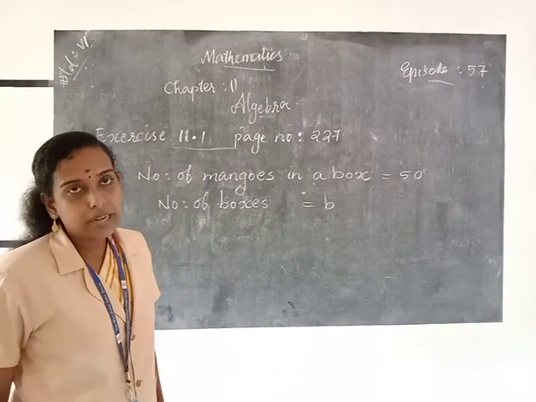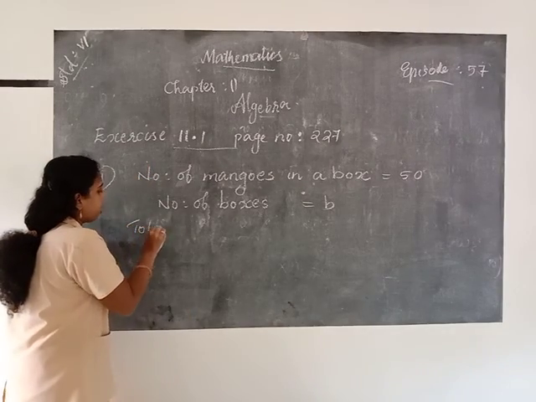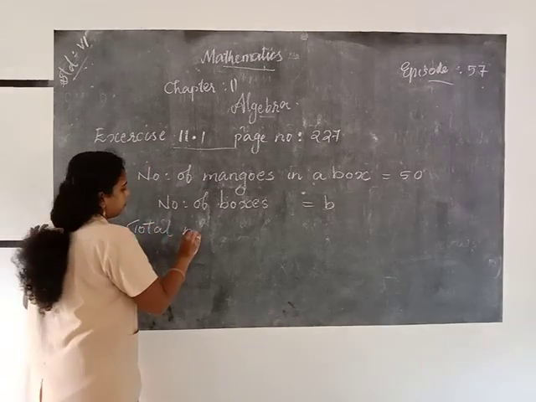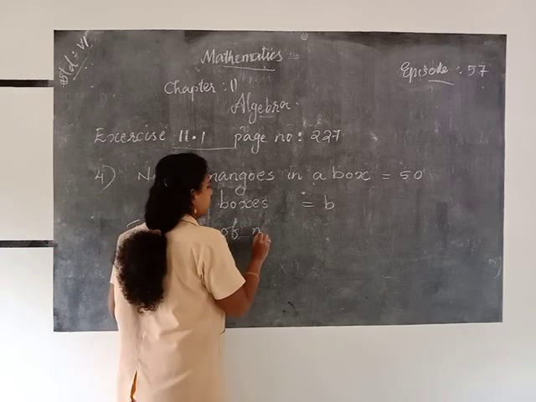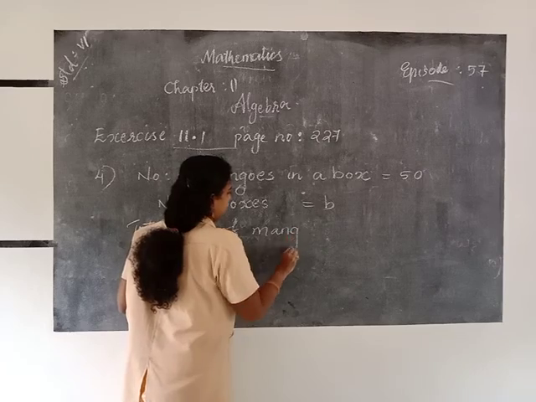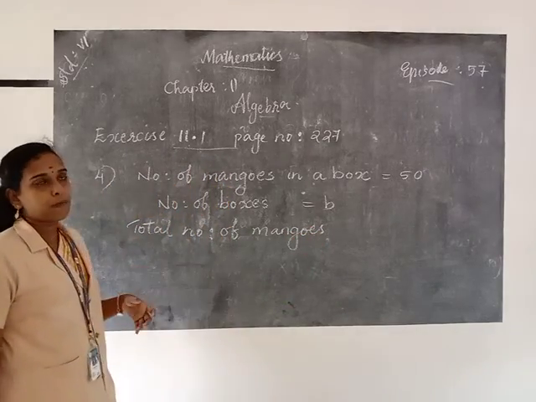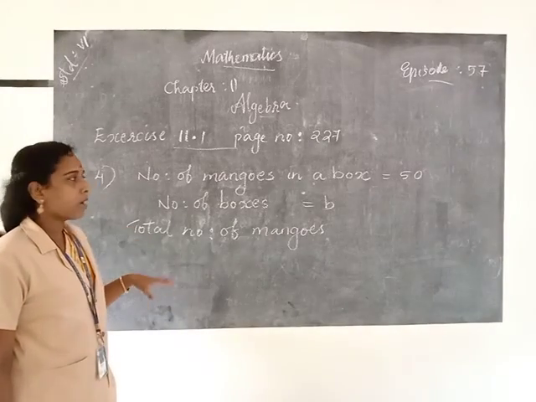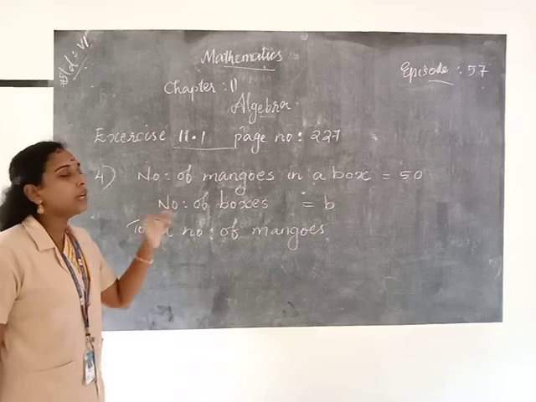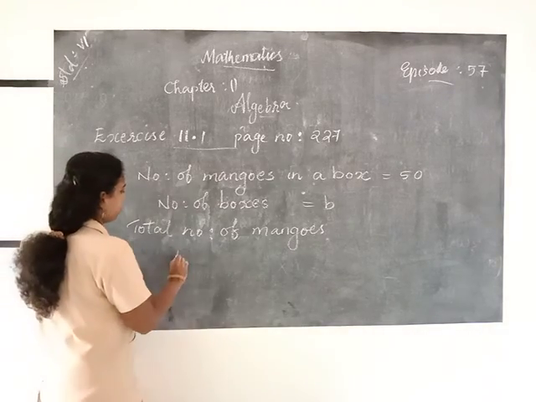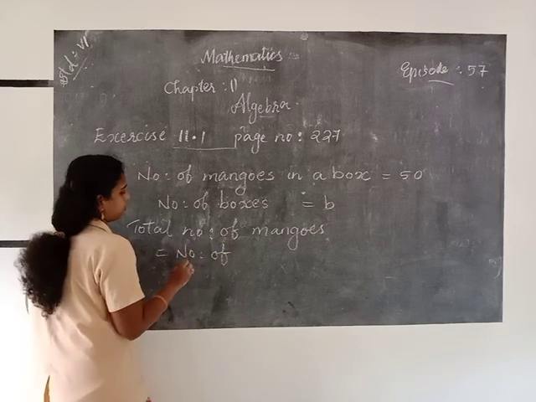And here we want to find the total number of mangoes. And how to find the rule to find the total number of mangoes? The total number of mangoes is equal to number of mangoes in a box into number of boxes.